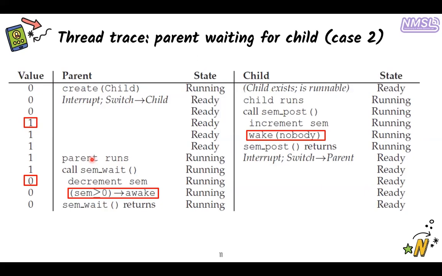You created a child that went on to execute itself. Now when we call sem wait, we realize the value was 1. So you decrement. Since the value of the semaphore is 0, which is not a negative number, you're still awake, and you're just done. You return because the child has already executed. So again, the initial value for condition variables with a semaphore is 0.